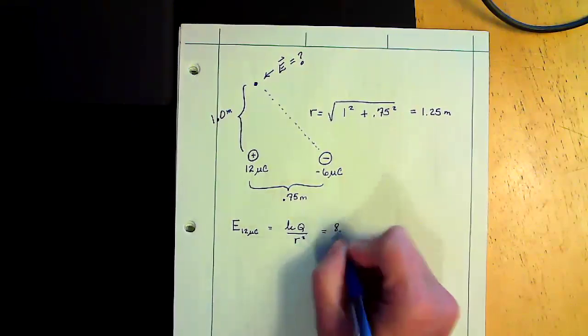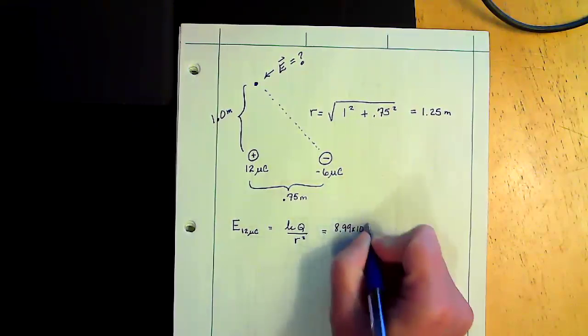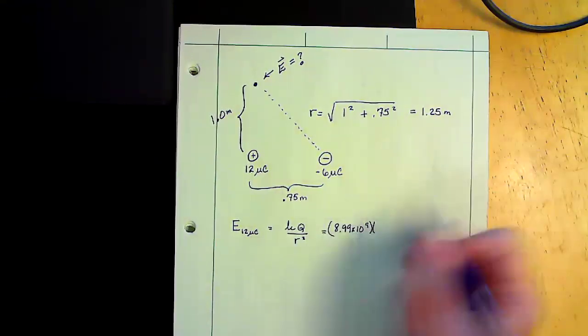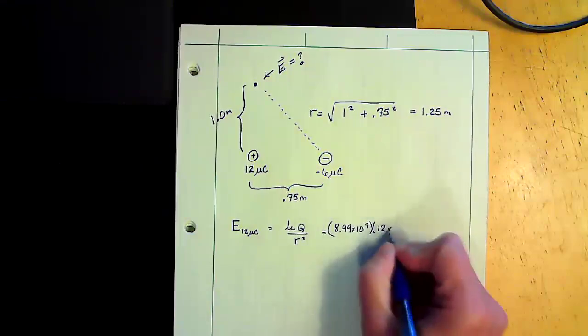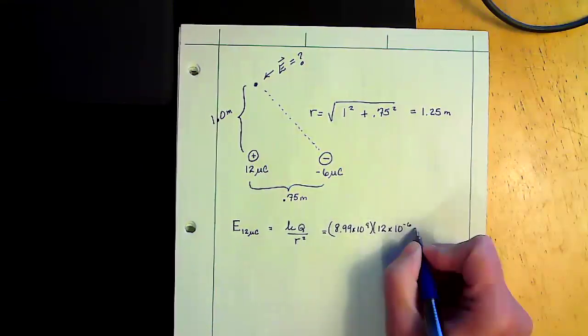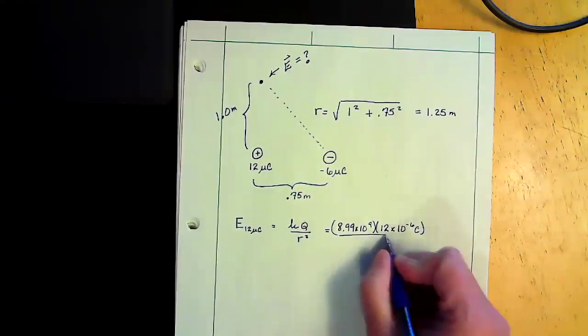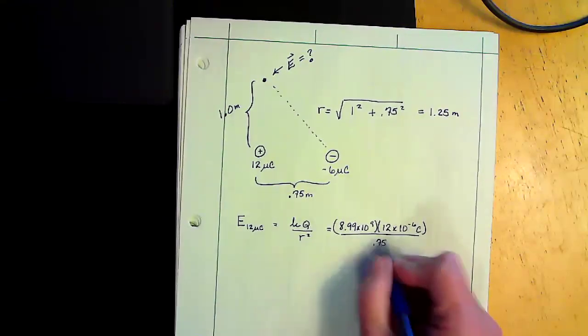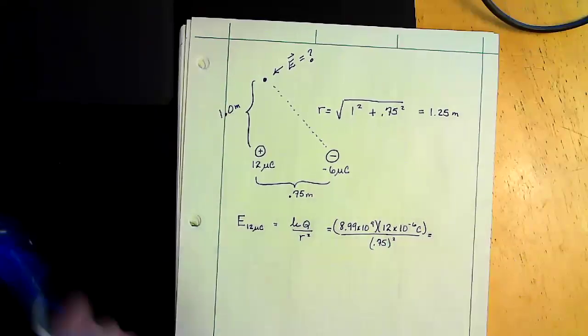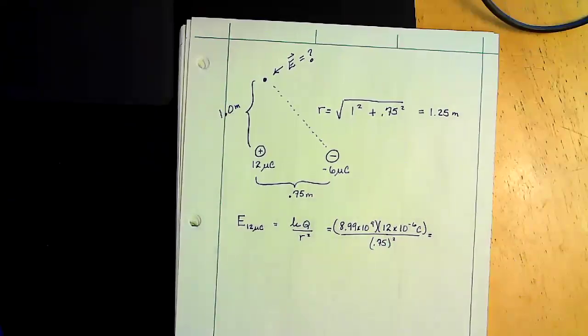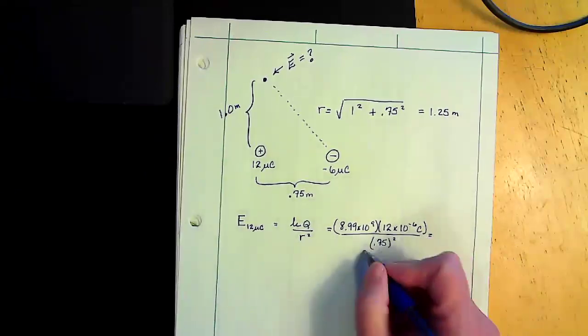So that's my 8.99 times 10 to the 9th, and I have my 12 times 10 to the minus 6 coulombs divided by, oops, that's not 0.75 squared.